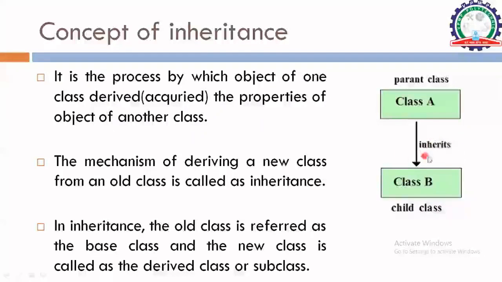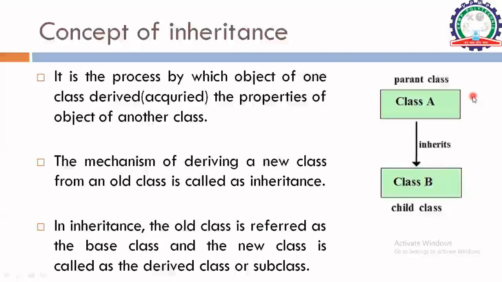Class B inherits the properties of class A. That means all the data members as well as member functions of class A now will be available in class B. That means a class B object can access the members of class A. So this is called inheritance. The mechanism of deriving a new class from an old class is known as inheritance.